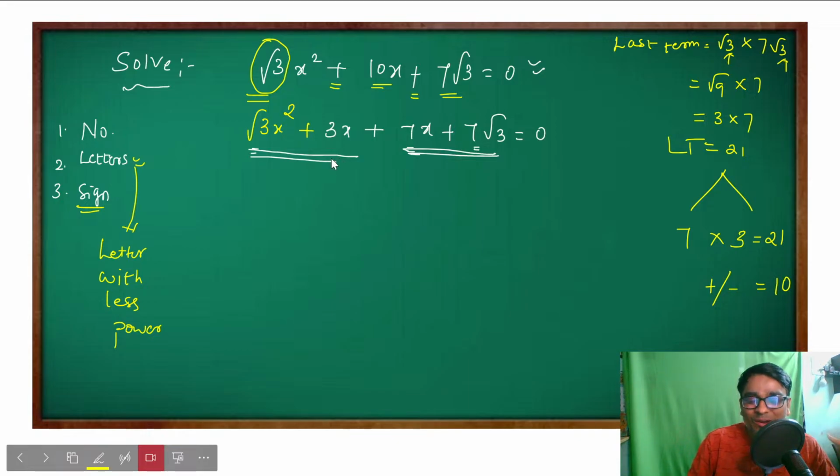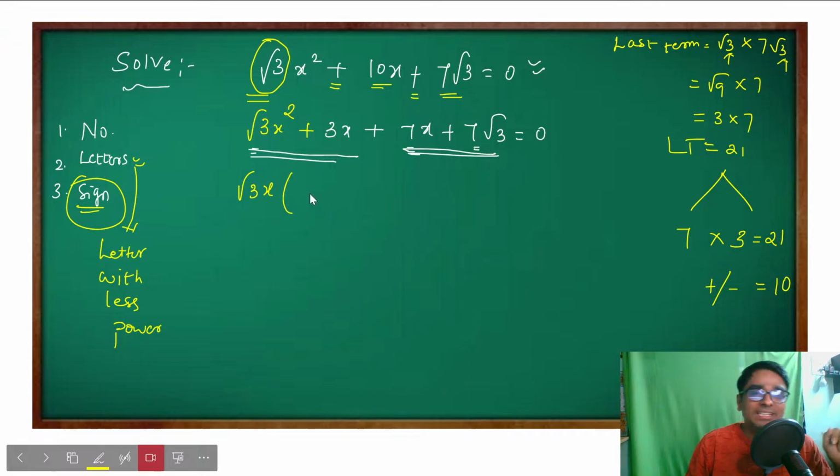If you want to see how to take common when a plus-minus combination is there, please go and watch my video. I have taken so many questions and done different ones, so you'll understand. Okay, let's take common here. Root 3 number common, x letter common, and the sign, no need to worry because everything is positive.